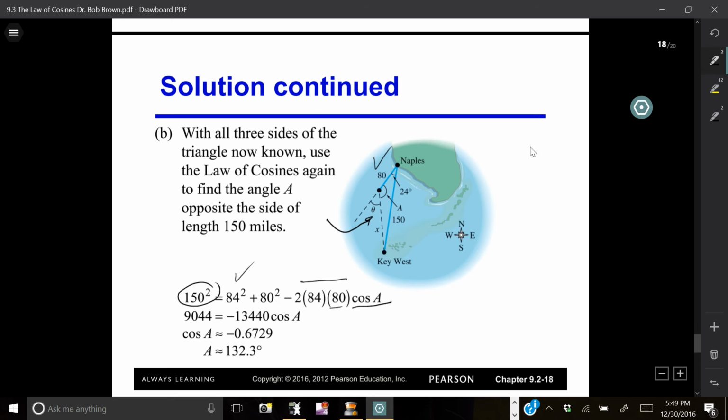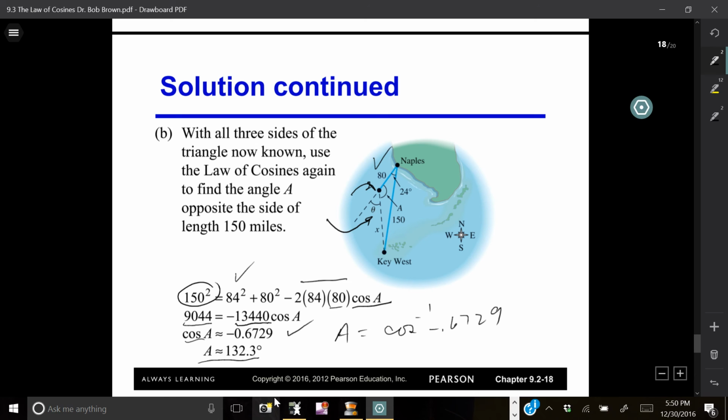So now we're using the included angle A, which we're looking for. And we get that cosine of A times 13,440 with a minus sign is equal to 9044. Cosine A is thus minus 0.6729, and A then is inverse cosine of minus 0.6729, which is 132.3 degrees.